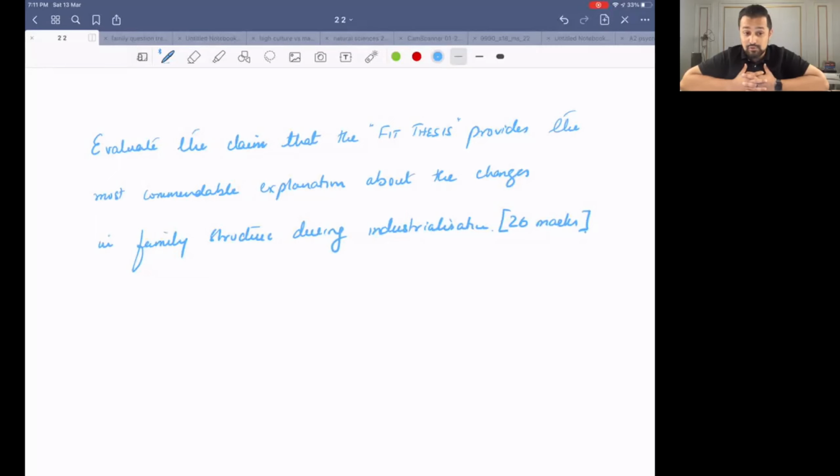Let me remind you, you're supposed to read the question a couple of times to understand what it actually demands from you. Then brainstorming plays a very important role. You read both the topics, you read the question, you read the topics again, you read the question, you do your brainstorming, you say Bismillah Rahman Rahim, and then you start.